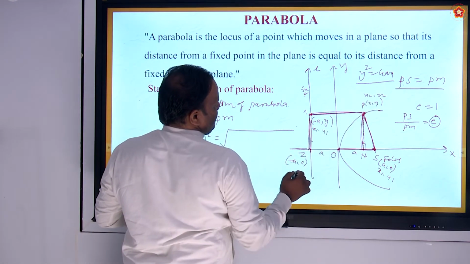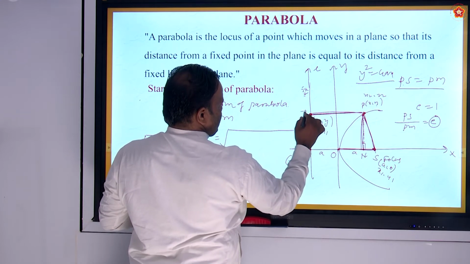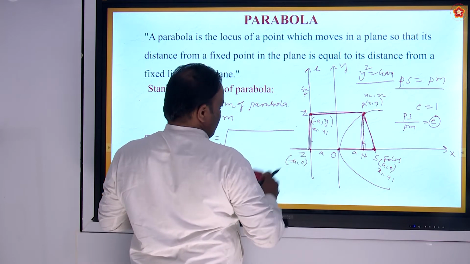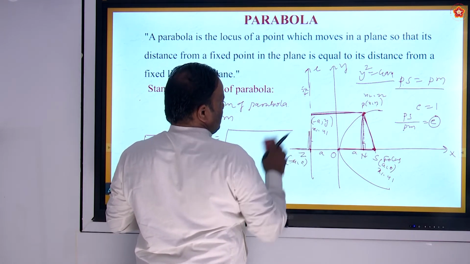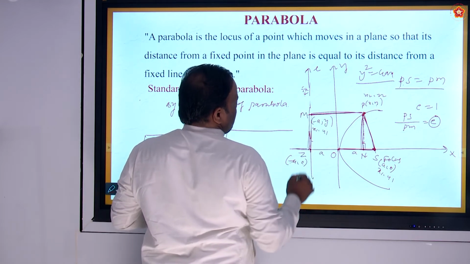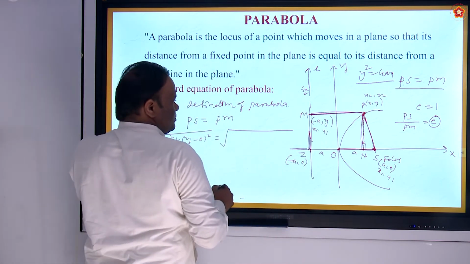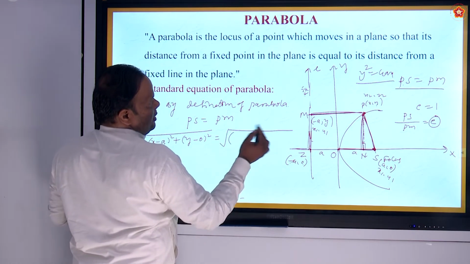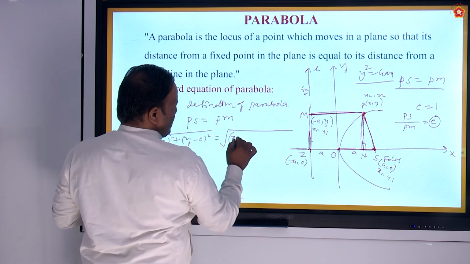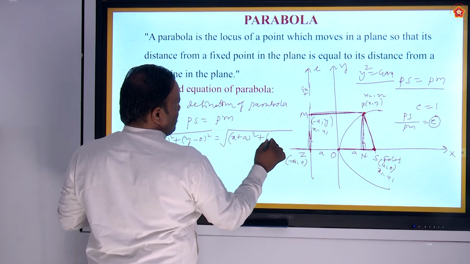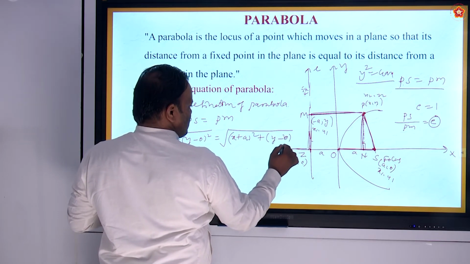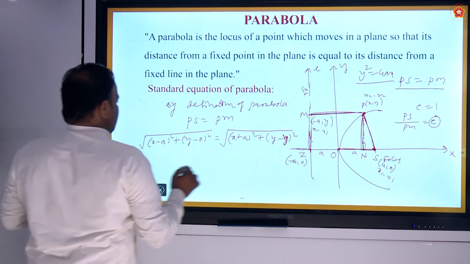Here x1 y1 is the point Z, and this is M. PM is again x2 minus x1, that is x plus a whole square, plus y2 minus y1, that is y minus y whole square.